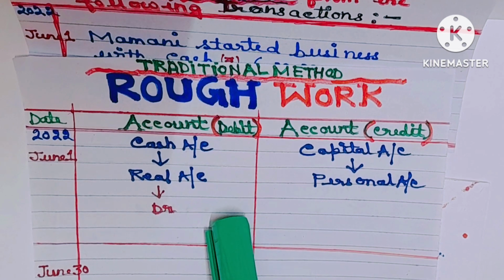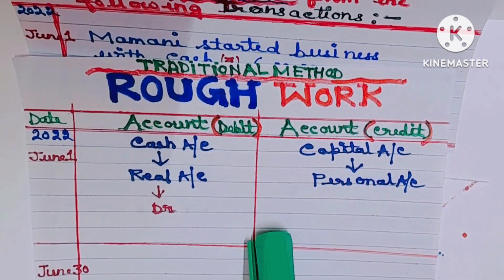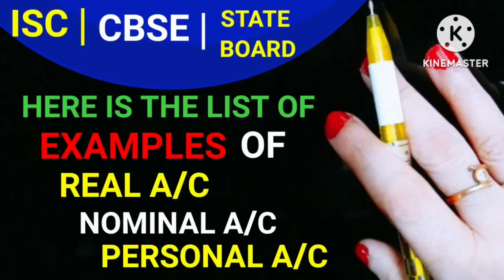And please note, if you are still confused which account comes under real account or nominal account or personal account, I have already made a special video where I have listed almost all the examples of real account, nominal account and personal account. So if you are interested, please check out this video too.